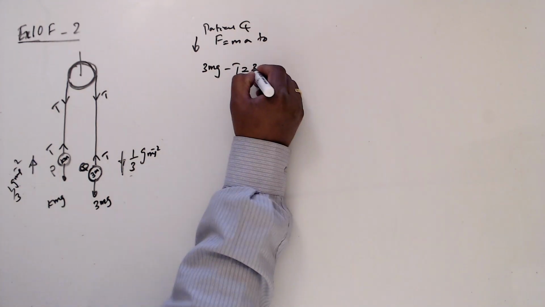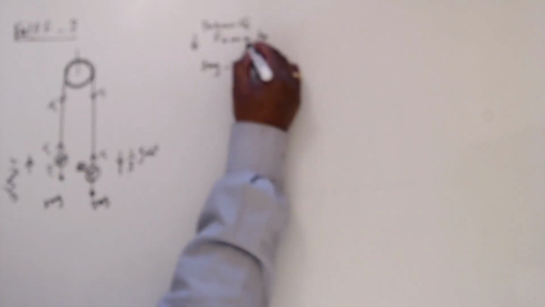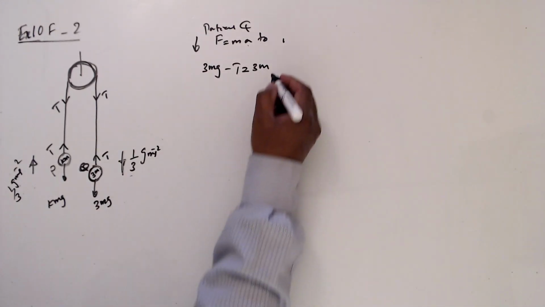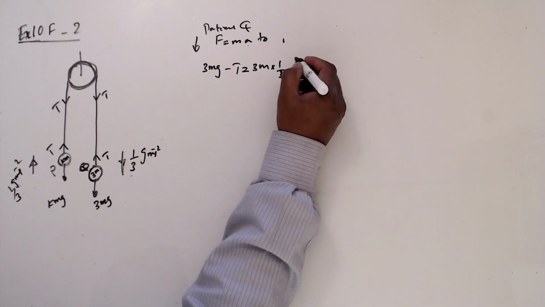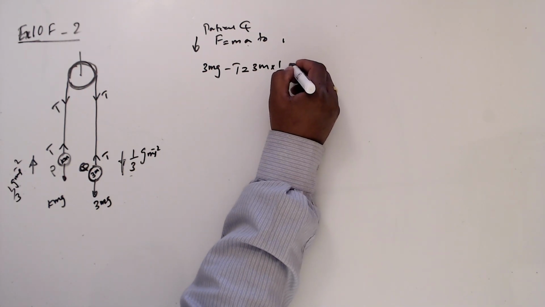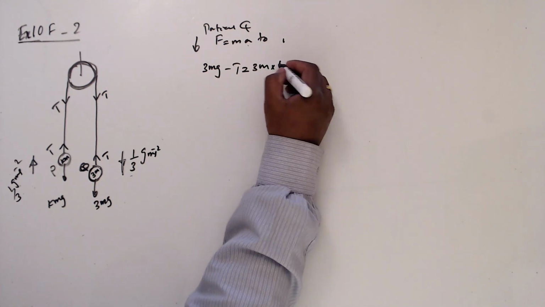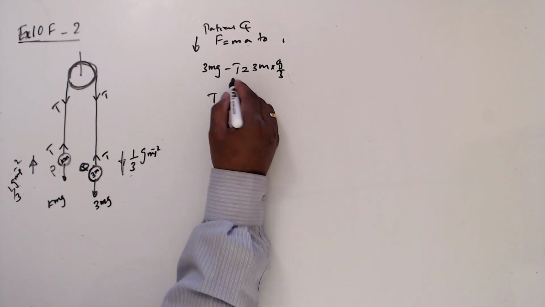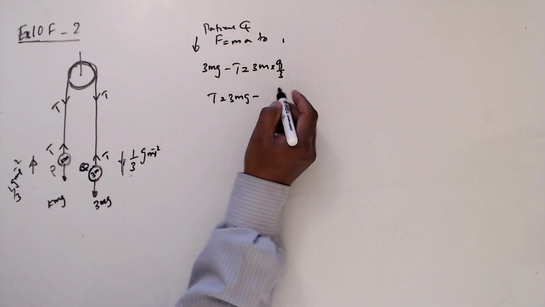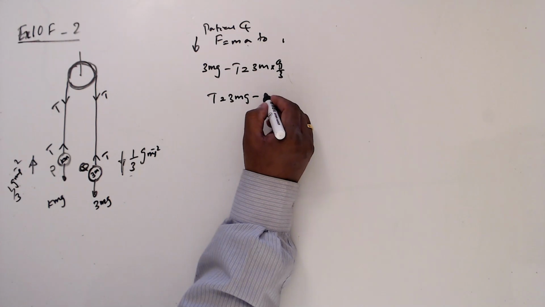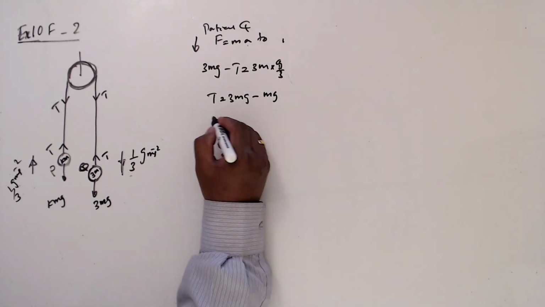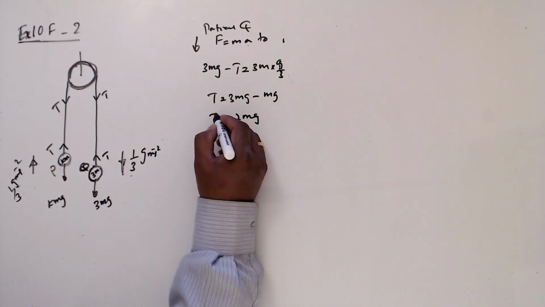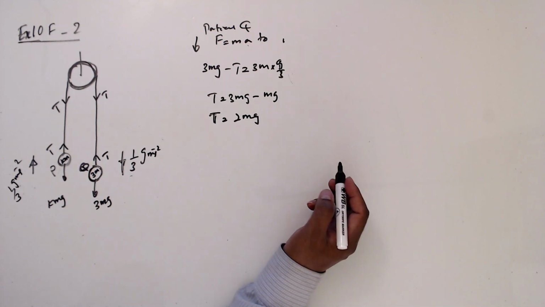The mass is 3m times acceleration a, which is g over 3. So T equals 3mg minus mg, because 3 and 3 cancel out. T equals 2mg. So we can find the tension.